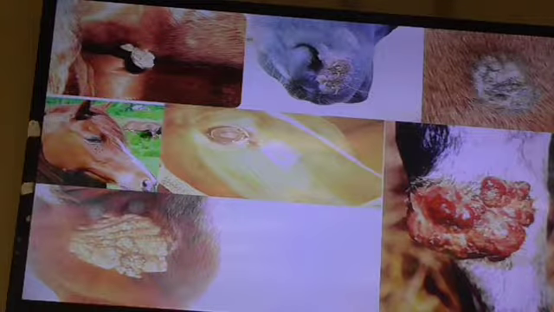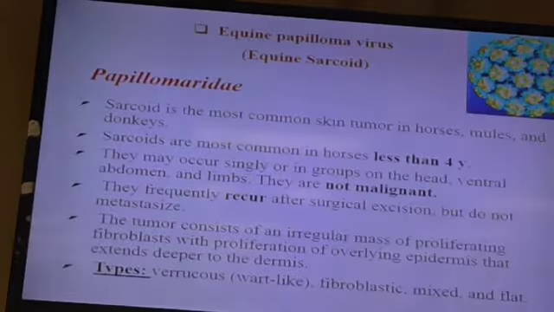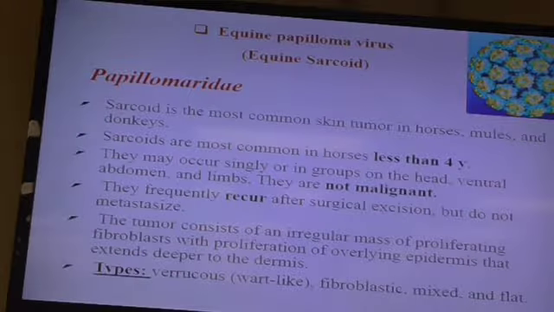And last one, familiar one, that's the papilloma in horses, and that's called equine sarcoid. And we know the difference between the bovine papilloma and the equine sarcoid. And in case of equine sarcoid, if you try to remove them, they reappear. And the reason for this is because the immune system is non-existent against equine sarcoid.